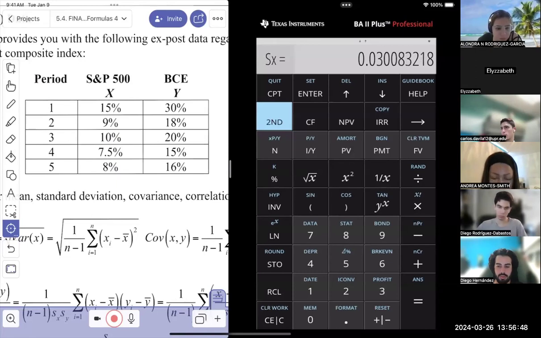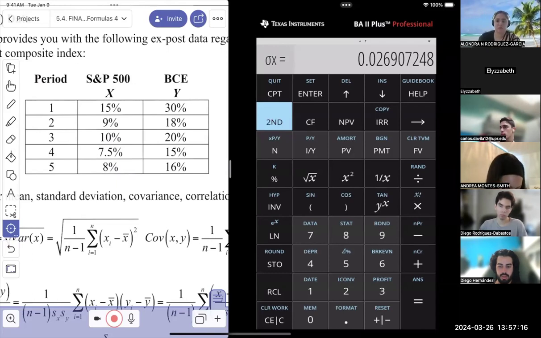Let's go back. So this one, we're all good until sample standard deviation. This is the sample mean or the average. This is the sample standard deviation. And the question is, what is that? Isn't that the standard deviation of the population? Yes, it's the standard deviation of the population.